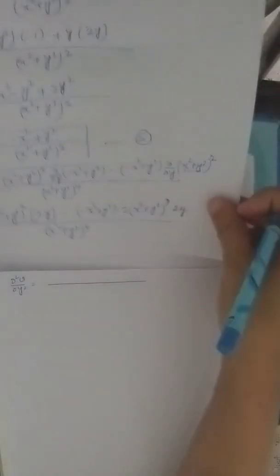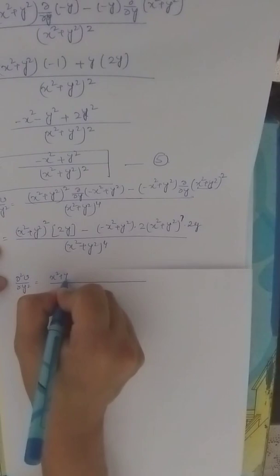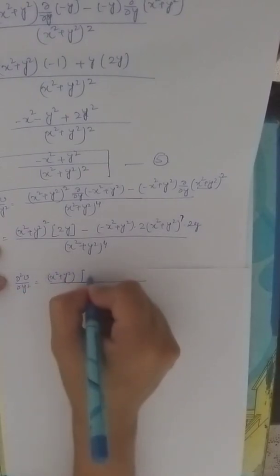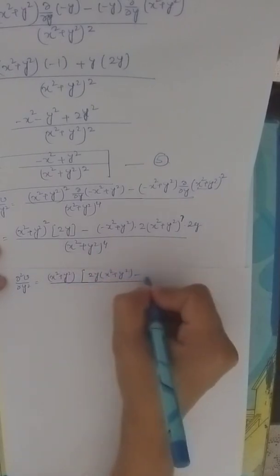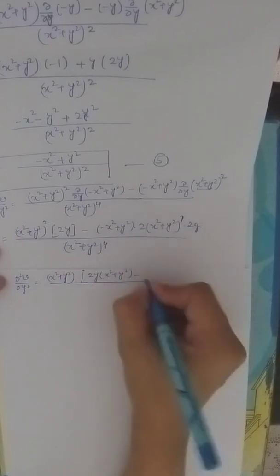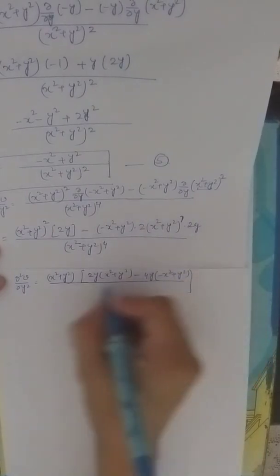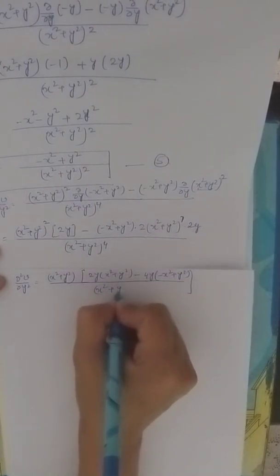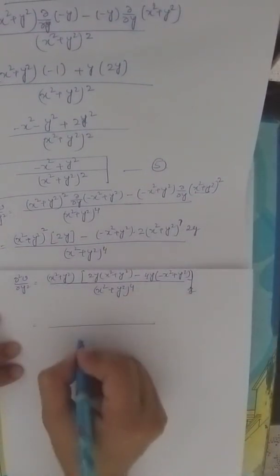That is ∂²v/∂y² is equal to, now from here I take x square plus y square common. Inside I get 2y into x square plus y square minus, this will give you 4y into minus x square plus y square divided by x square plus y square whole power 4, or this is equal to, this will be cancelled out.